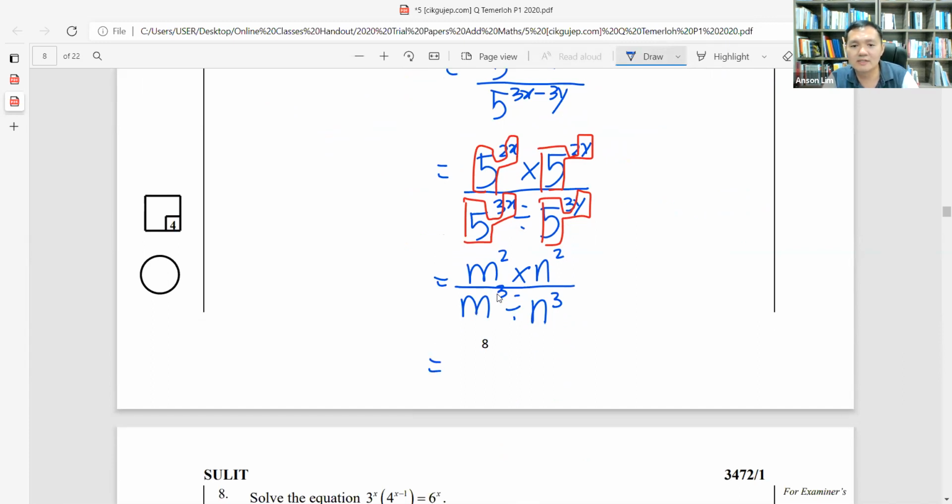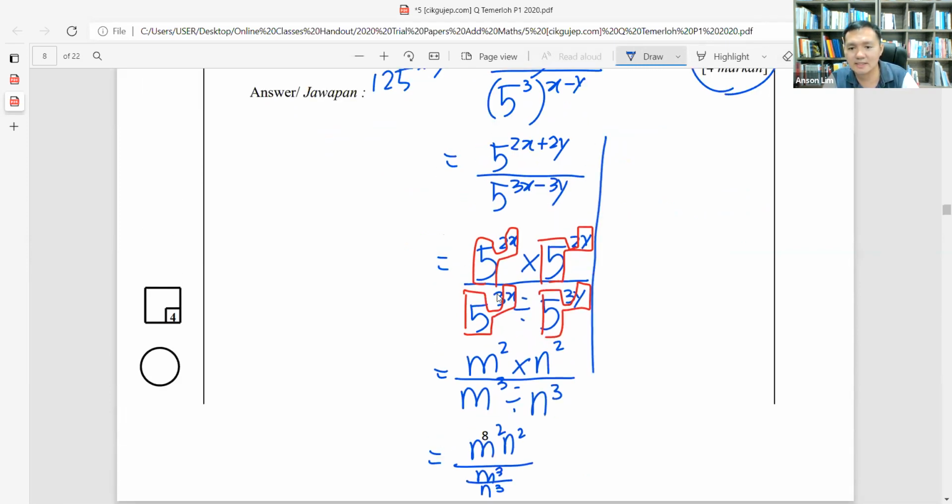So what you can do is, be careful because this one has a divide, right? Maybe you make it like that: m square n square over m cube n cube. Okay, continue. You can make it nicer or not.